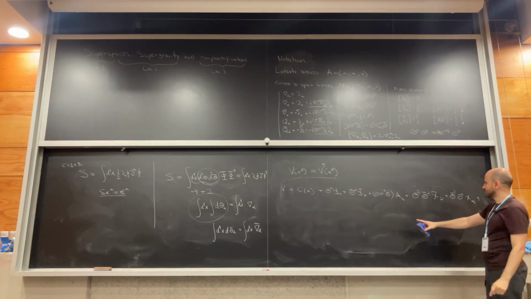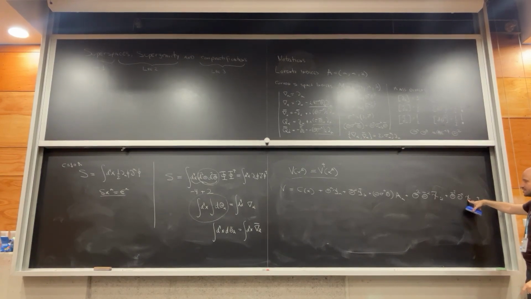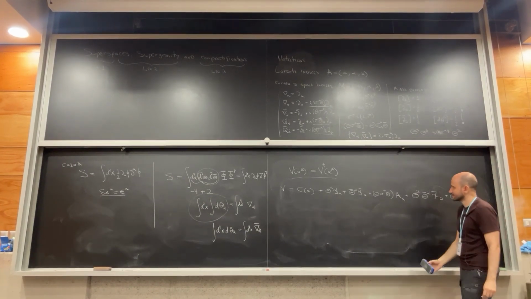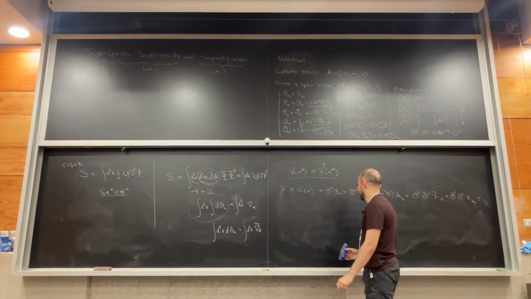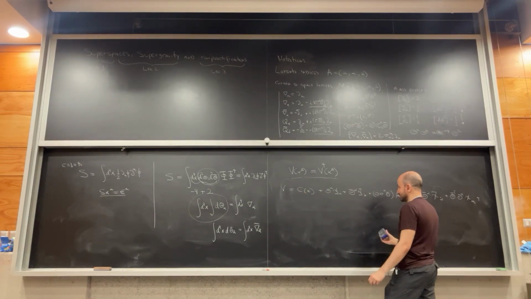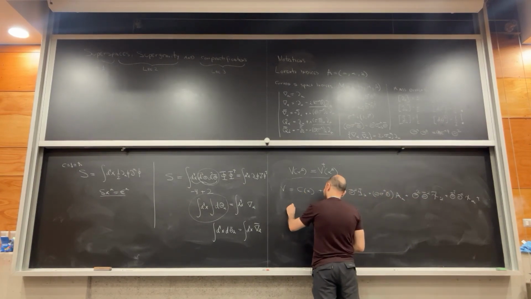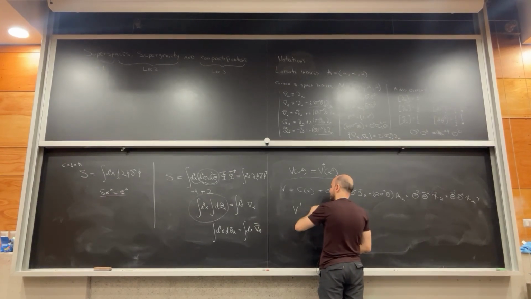So the reality condition implies that this chi is the complex conjugate of this chi over here, and it's going to be the same for everything. So this appears to be too strong. That's why people 40 years ago realized that a real superfield should have a gauge invariance.